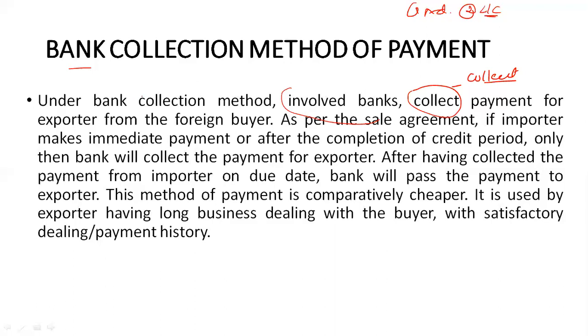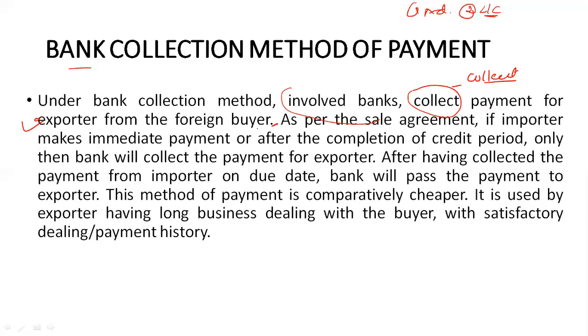Okay, for the exporter. For whom? For the exporter from the foreign buyer. Now this is the most important thing over here. In LC, what we understand is the importer's bank will pay you on behalf of the importer. That means the bank is taking a guarantee for payment. While in the bank collection method, the bank acts as a collector of your payment.